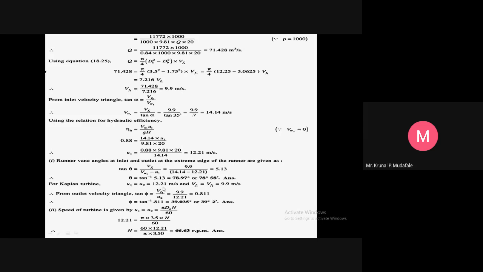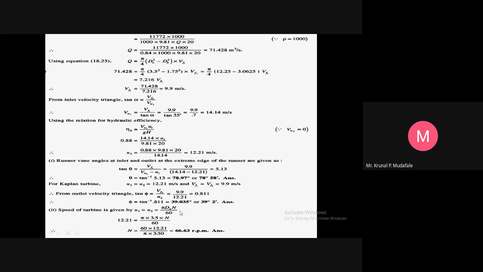What does pi D mean? If I want to find out the speed of the turbine, obviously the diameter of the runner must be available. So pi into Do is in terms of the outer diameter of the blade or vane, called the runner diameter.